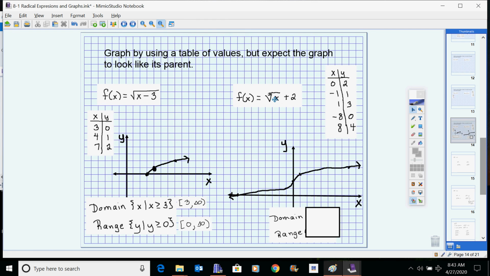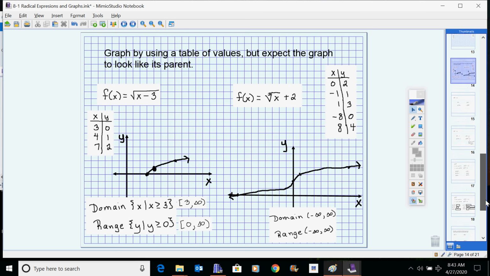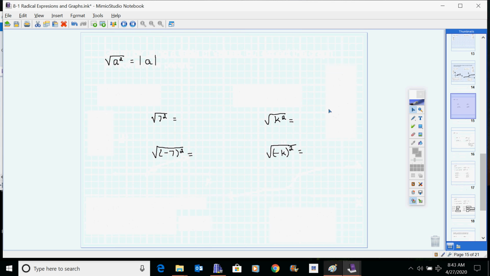So that would be important, and then going up from there and down from there, but your graph has to have that same shape happening with it. Okay, so our domain here, once again, is infinite in both directions, and so is our range. Okay, so the graphing, just a thing that we needed to make sure that we reviewed and went back over.